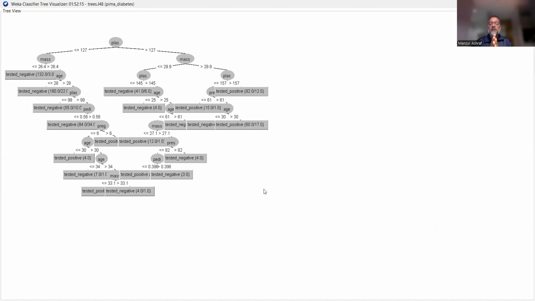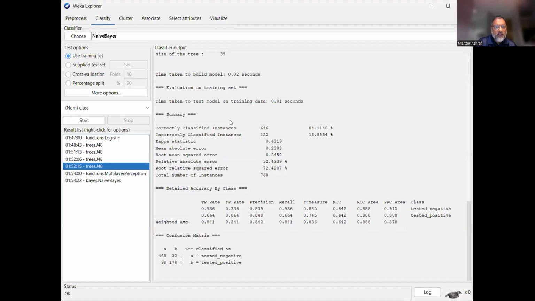So in your final report, in a classification problem, you basically need to run the problem using multiple algorithms the way I did it, and then you have to take all the screenshots. So I'm again showing you all the results here. In the Explorer, for example, J48, this is the result. So you take the screenshot of this page and highlight this 84%.